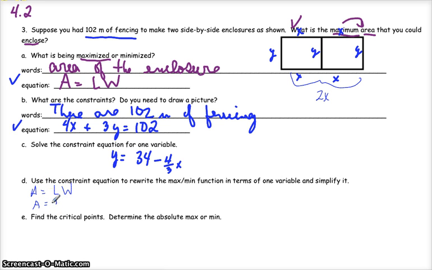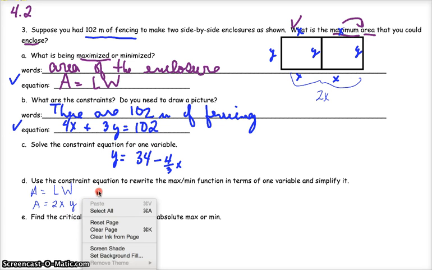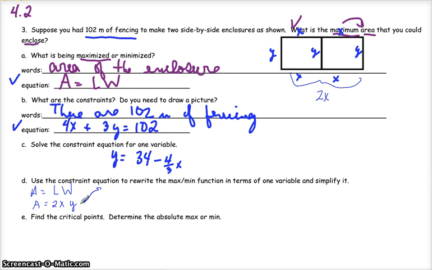So area is 2X times Y. Remember, we've got to write our equation for area in terms of X and Y. Now we can make the substitutions. So area is equal to 2X times 34 minus 4/3 X. Pause the screencast and distribute 2X to simplify this equation.